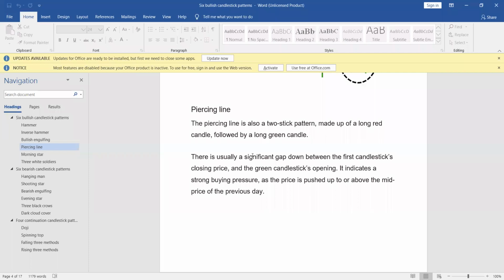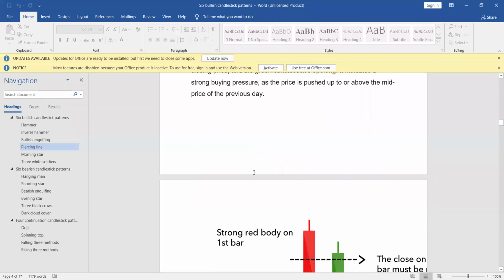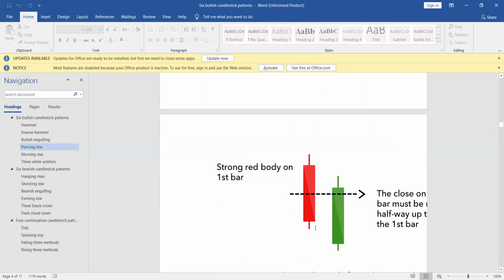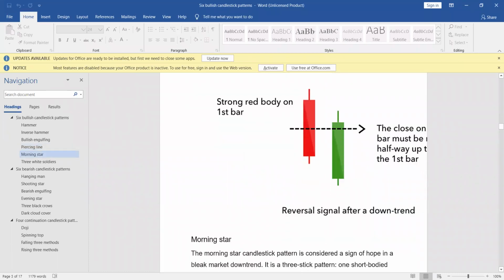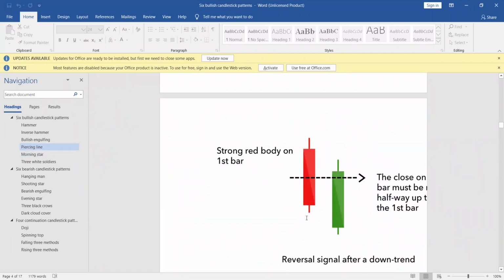Or maybe let's say the market closes today, let's say by 10, and then another session is opening. You find this candlestick pattern. So these are two healthy candlesticks.